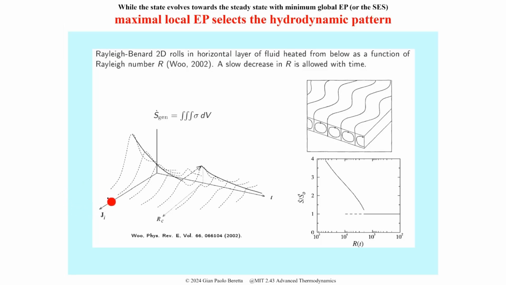So you see, for example, here you have the rolls. So you have the high non-equilibrium situation, high flux, in which you have the Rayleigh-Bénard rolls, and that structure is the one that maximizes the entropy. So among all the possibilities, the system chooses that one, maximizes the entropy production.